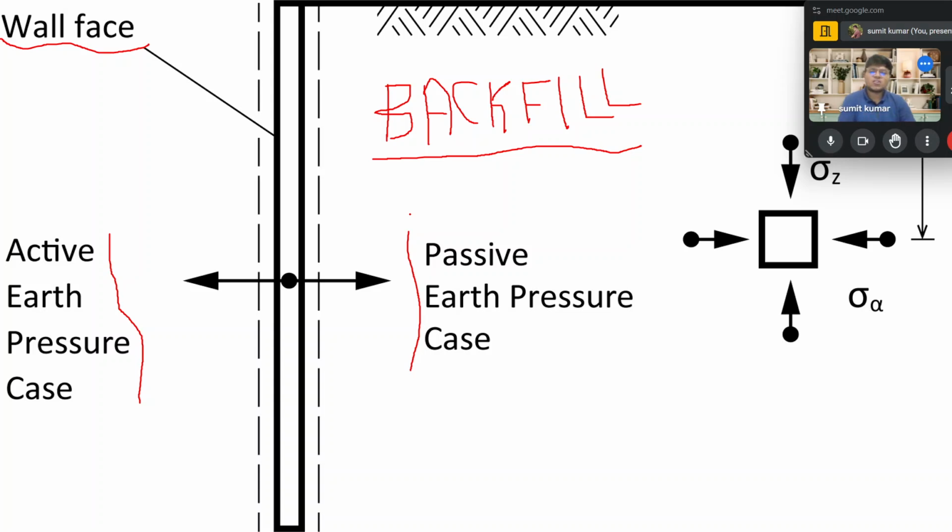Similarly, when this wall is moving away from the backfill, the stress on the soil gets released, so the stress in the horizontal direction gets reduced. So the predominant stress is in the vertical direction, and the maximum principal stress is in the vertical direction with respect to the horizontal direction. So this is also related to our sigma 1 and sigma 3, which we have discussed during the triaxial tests. Okay.